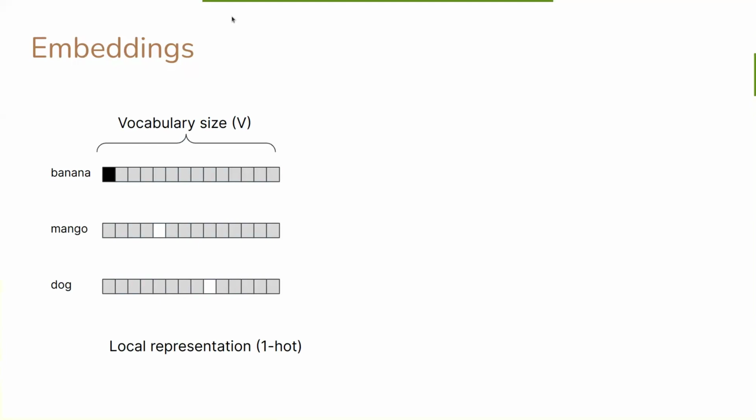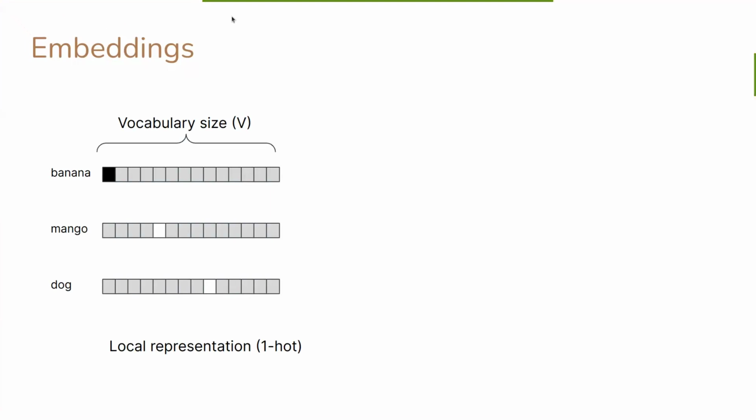One of the most popular representations is one-hot encoding, which means that we would basically represent a one or a zero, in the case of banana. We would consider our whole vocabulary, which would be all possible words in the English dictionary if we're dealing with English.